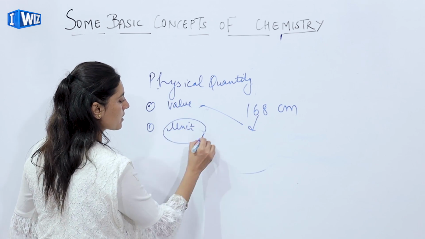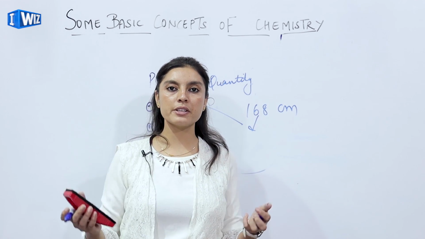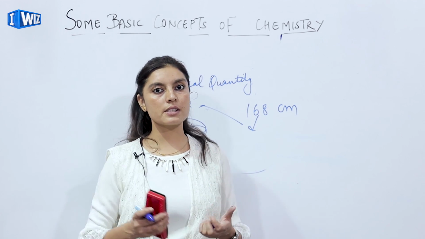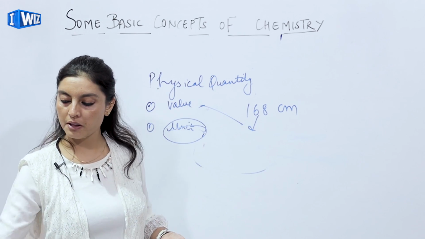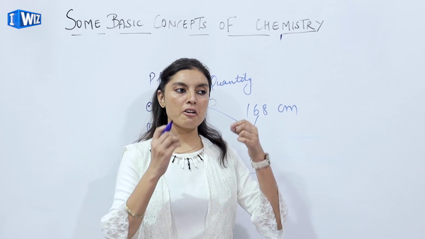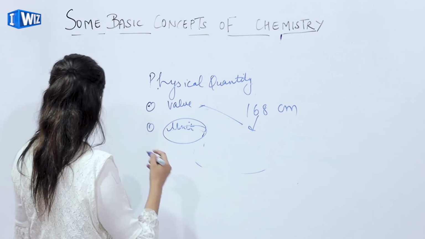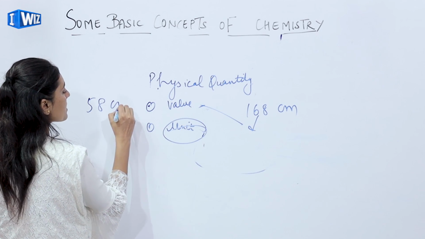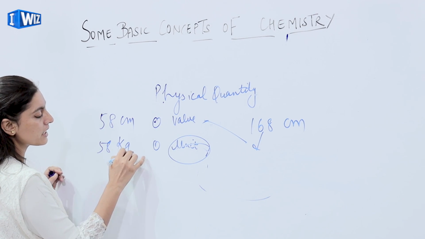Now, what is a unit? It is basically a standard which is adopted by the different international systems to give a representation to the particular quantity. It is something that helps us to distinguish which is the particular physical quantity. For example, I can't say my weight is 58 centimeter. I could only say my weight is 58 kilogram.